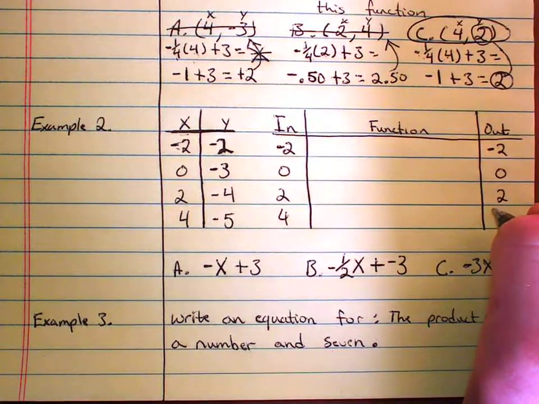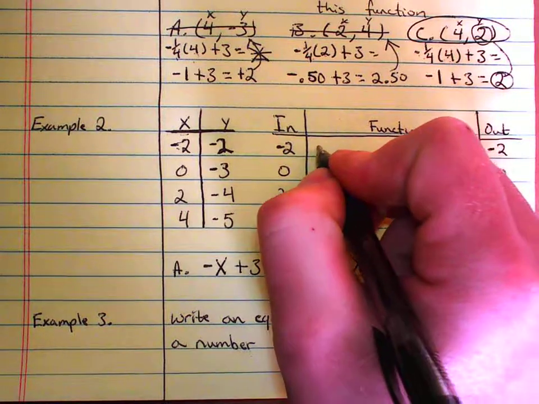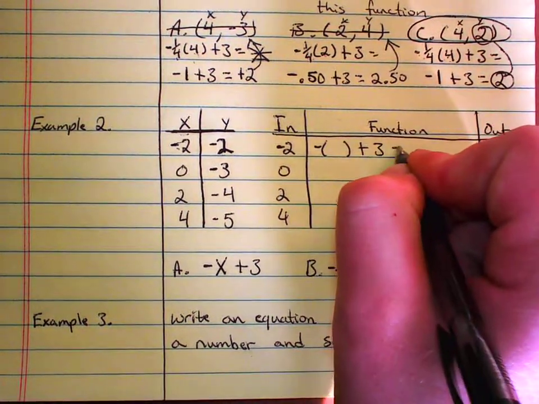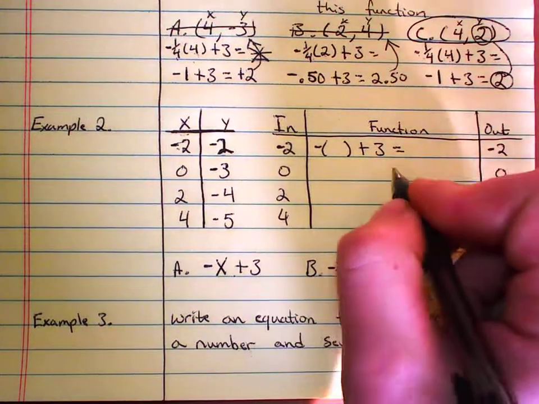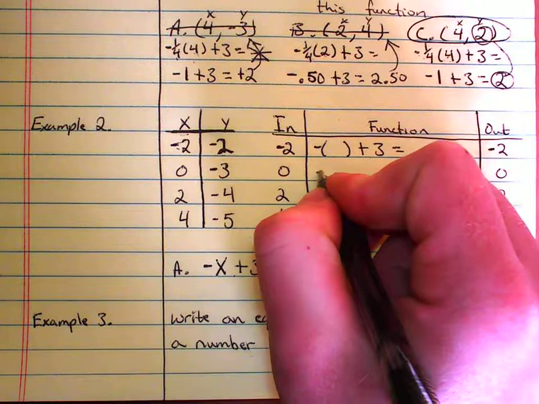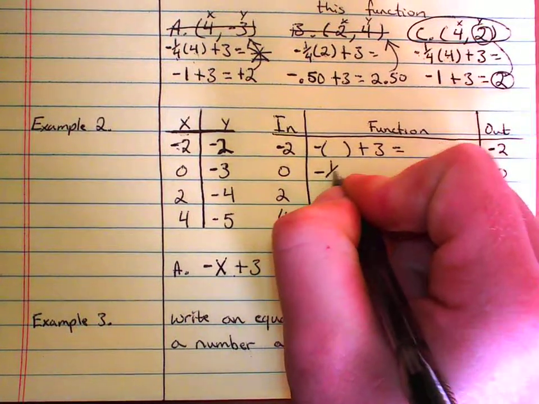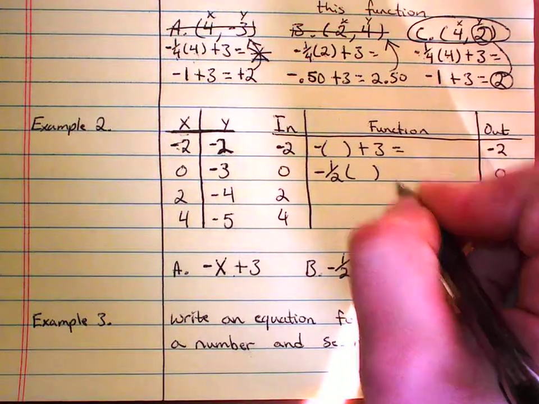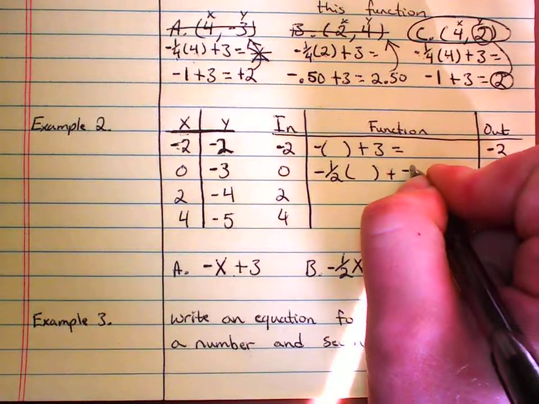Here's what I would do. I would start by saying, hey, I've got a negative, open parentheses, close parentheses, plus 3. That's A. Then I'd check B next. And I would say, hey, that's a negative 1/2, open parentheses for that x, plus a negative 3.